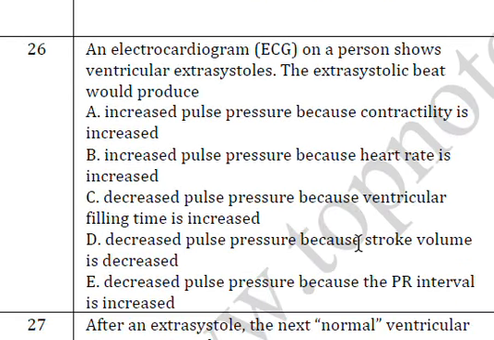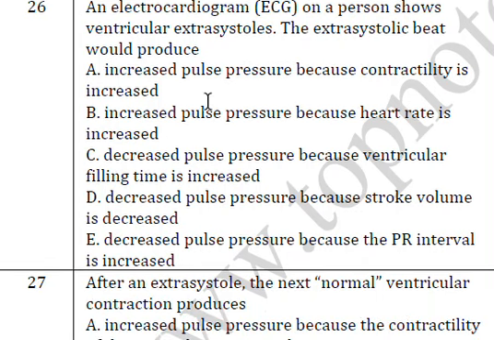And the 26th question. An electrocardiogram (ECG) on a patient shows ventricular extrasystoles. The extrasystolic beat would produce A. Increased pulse pressure because contractility is increased. B. Increased pulse pressure because heart rate is increased. C. Decreased pulse pressure because ventricular filling time is increased.